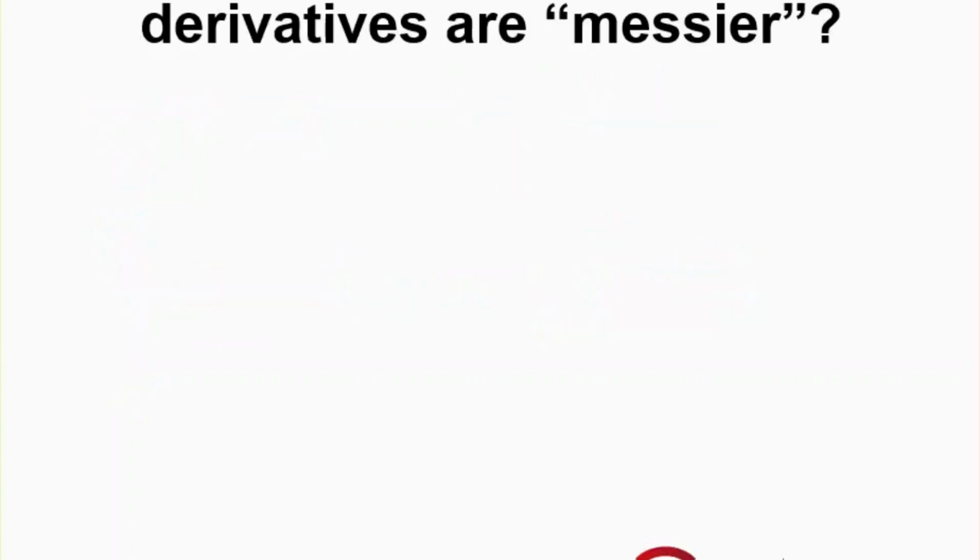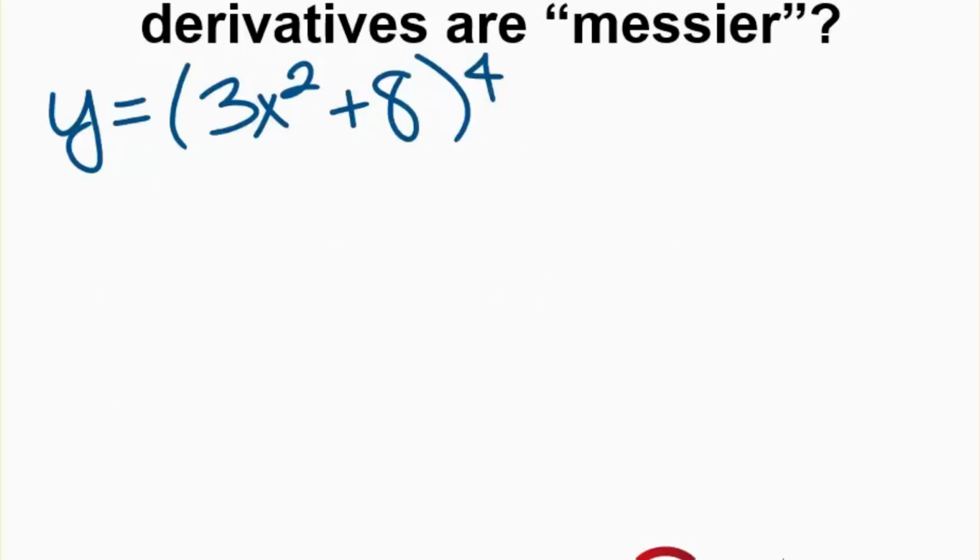However, you know that you've done much more complex derivatives, and sometimes our answers look pretty complex or messy. For example, imagine that you were asked to find the derivative of 3x squared plus 8, all to the fourth power. Hopefully you remember that you would have to use the chain rule.